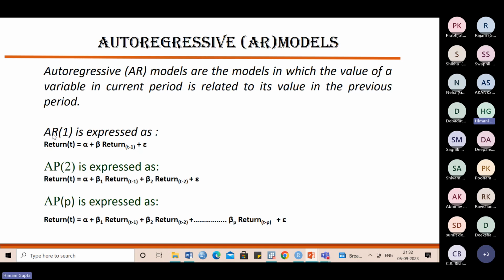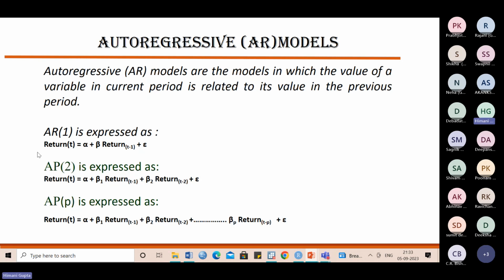Now you will see that AR1 is expressed as follows. I am doing this for the return series, so I am calculating the return. The return I get today depends on some constant term plus the return of the previous day, and there can be other factors sitting in my error term.